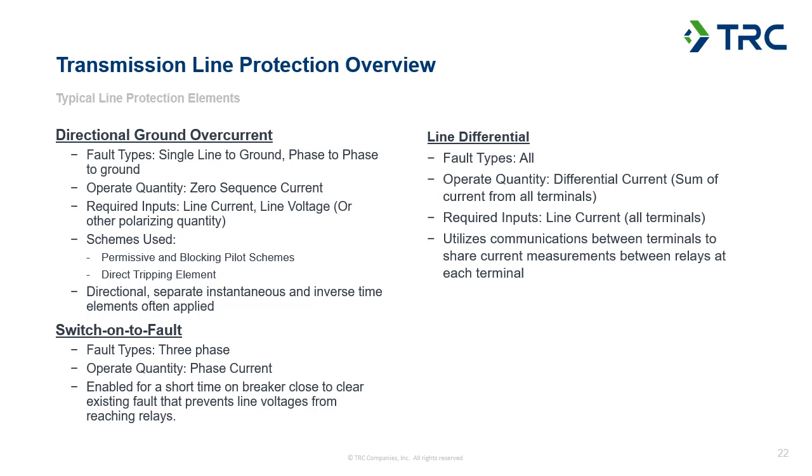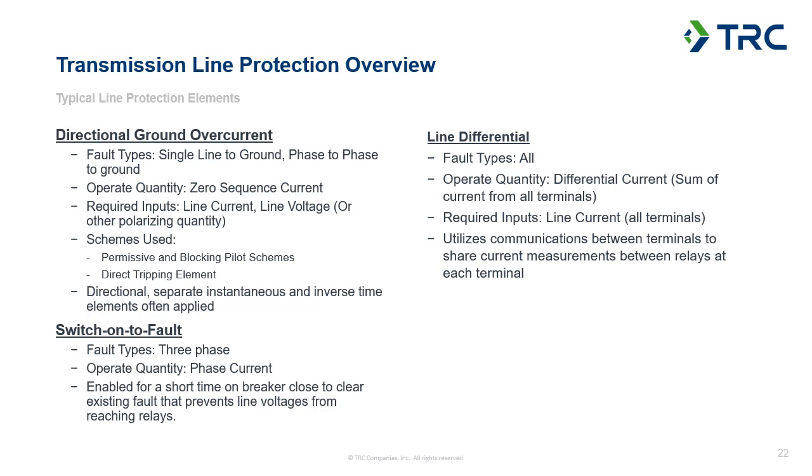And the last type of scheme we're going to talk about is line differential. Really, the line differential scheme can operate for any type of fault. It's unique in that its operate current takes in the sum of all of the currents from every terminal, and it uses a communication channel to share that information, and then calculates to see if the current going into the line on one end is equal to the current out of the line, indicating normal current flow or an external fault.